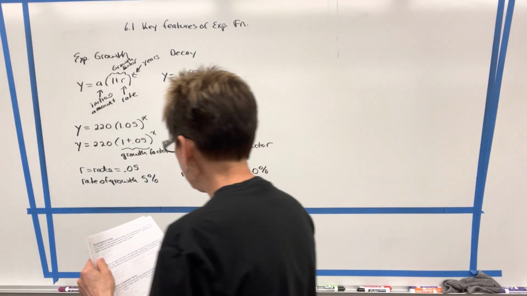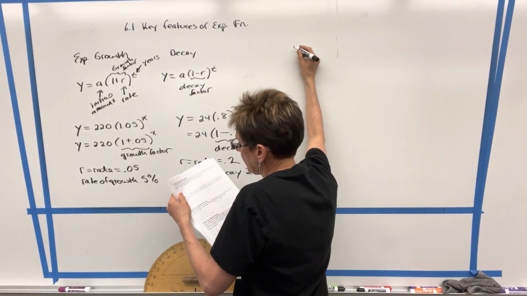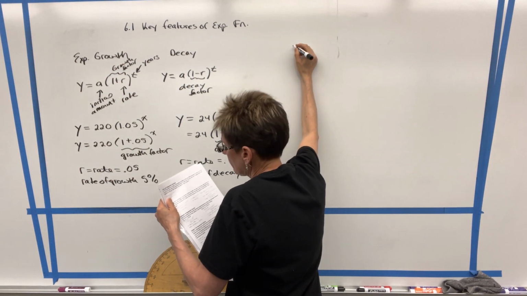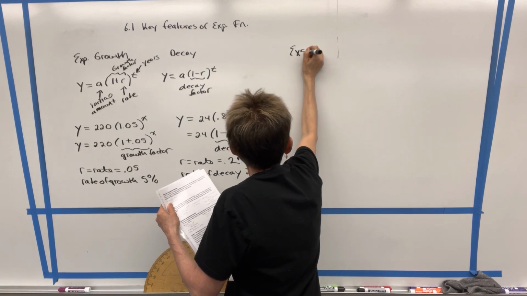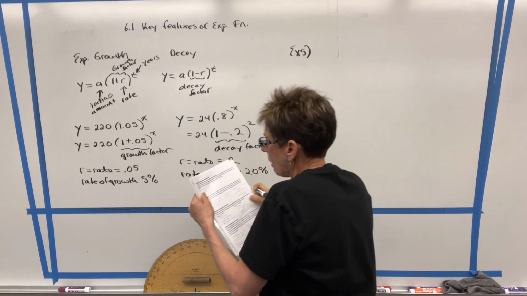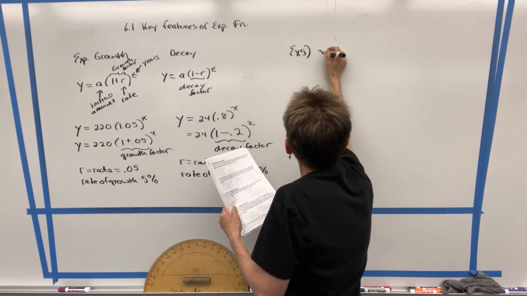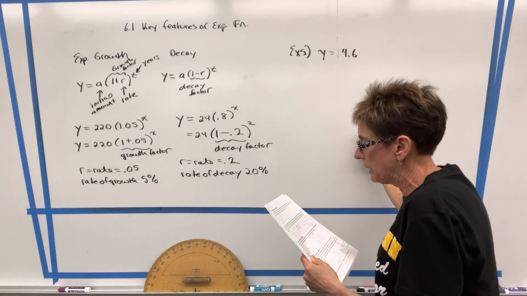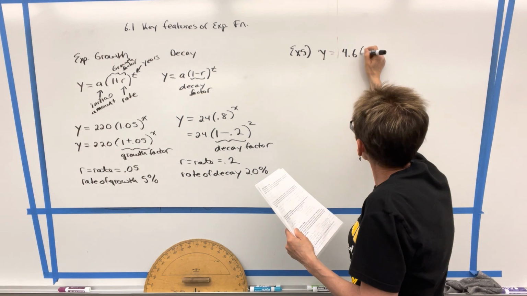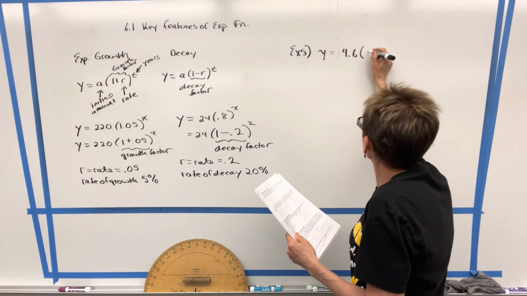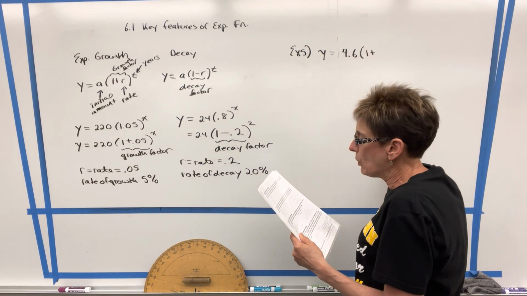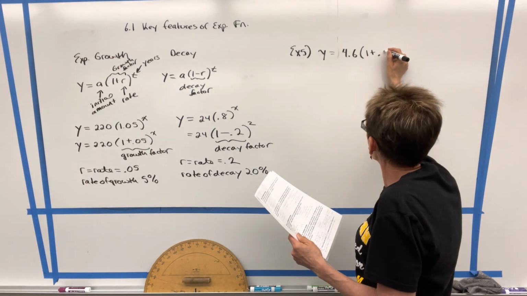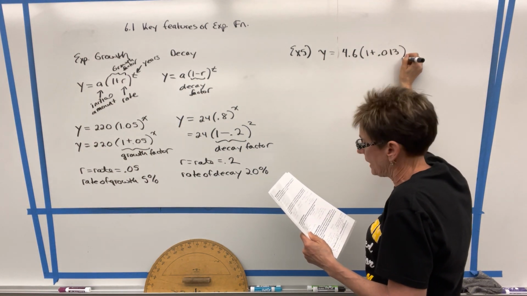Okay, so it's telling us the initial amount, or the initial population. I think this is our 5th example here. Our initial population was 4.6 million. So I'm just going to write 4.6 in millions. It says it grew at a rate of 1.3%. 1.3% in decimal form is 0.013.